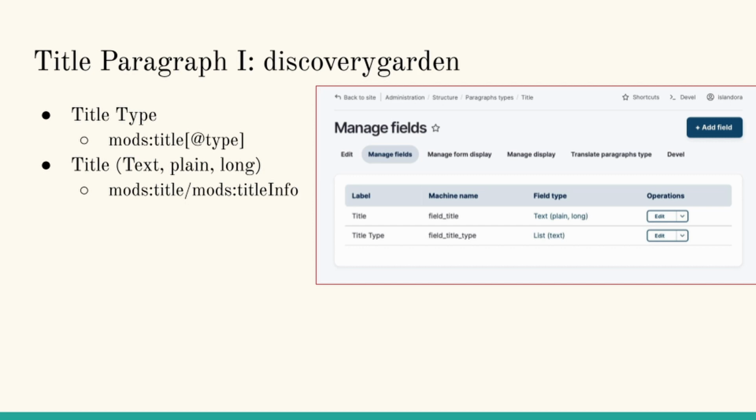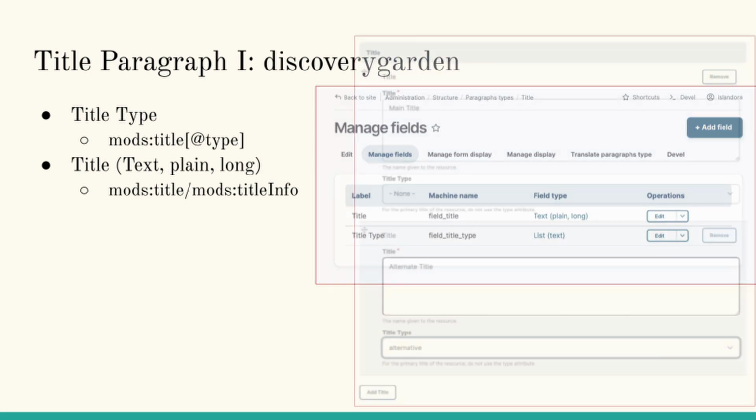And this is repeatable, so you can give your main title, you can give an alternative title, you can give a translated title, you can give as many alternative titles as you might want. The way the setup is here, you also have to record a main title as well, so that's a little bit of information duplication, but this allows you to add all of those variants to title.